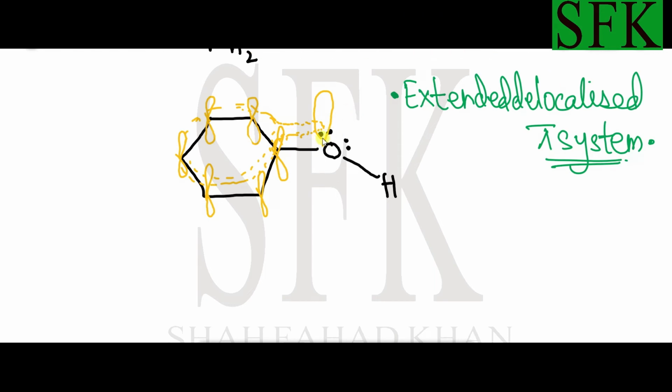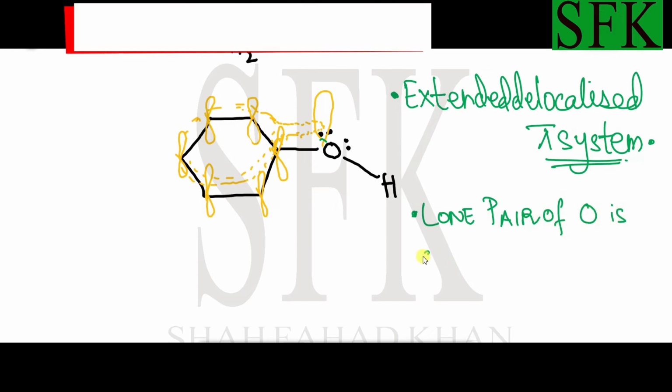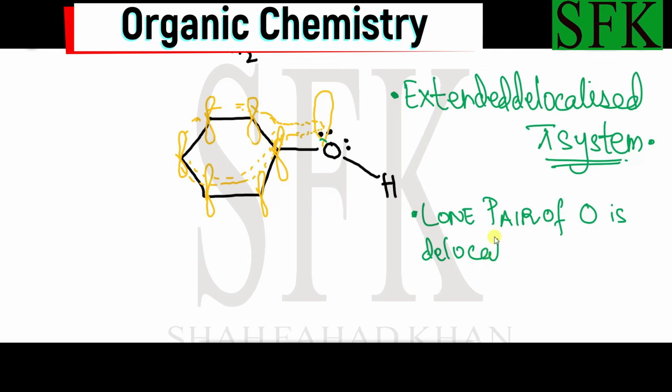Extended delocalized pi system is formed, and how is it formed? The lone pair of oxygen is delocalized or distributed over the benzene ring. So this is basically the structure of phenol.